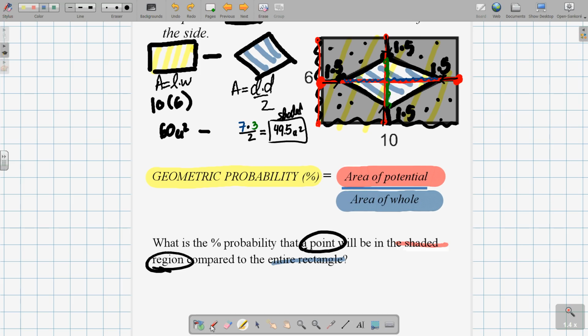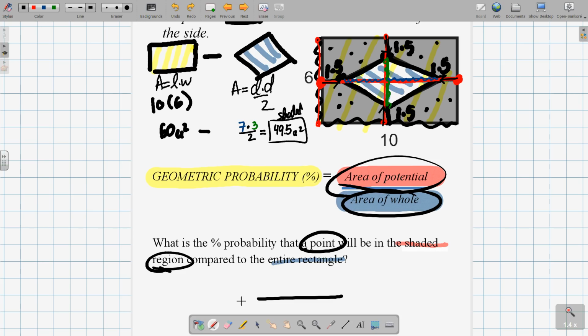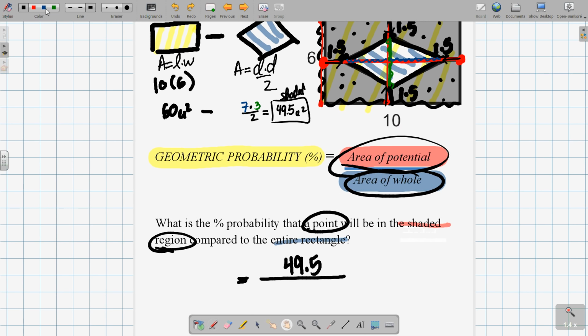So to get that, that is a fraction. Area of potential over area of whole. Our area of potential, which is our shaded region, is 49.5. Our whole rectangle is 60 units squared.